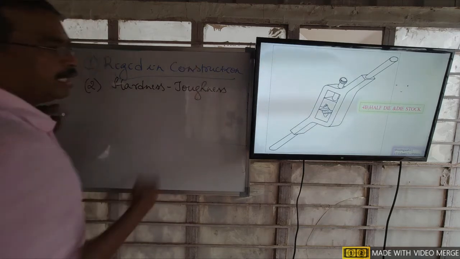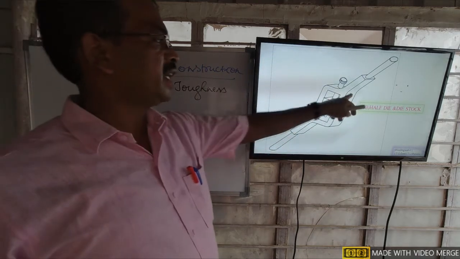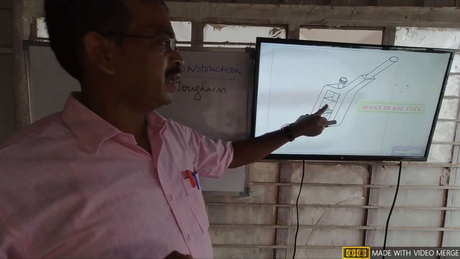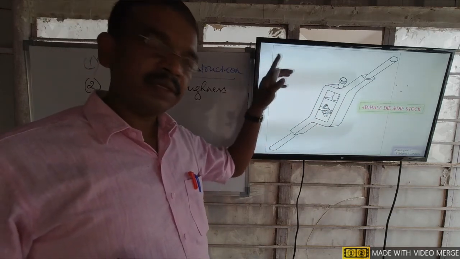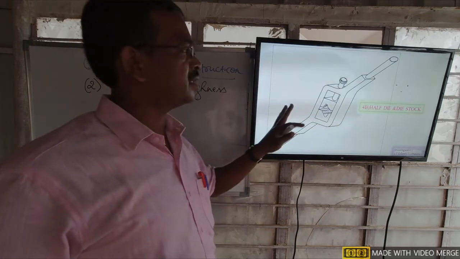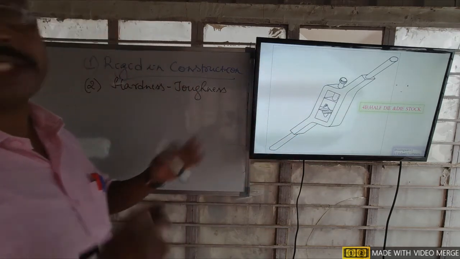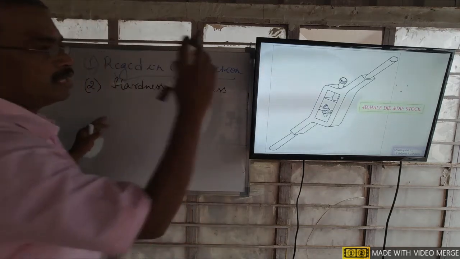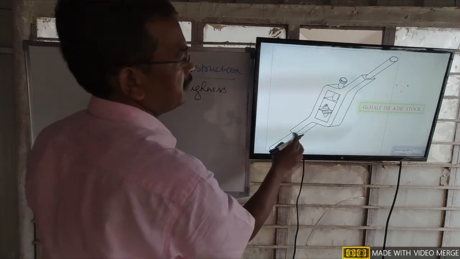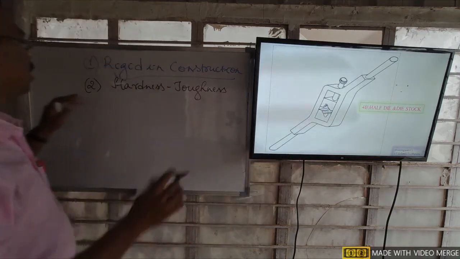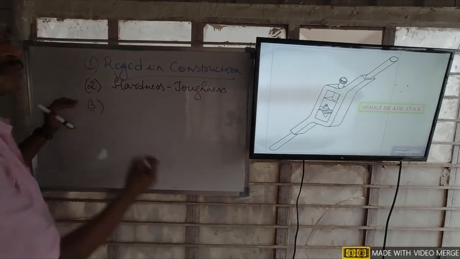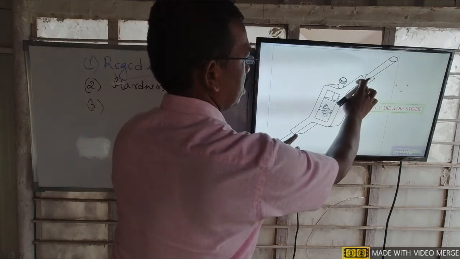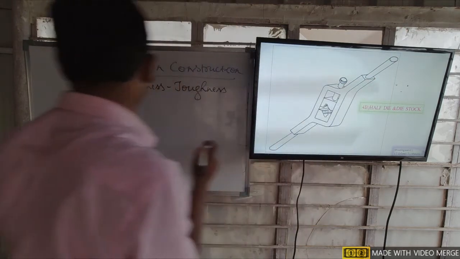Okay, and then the die stock, it is a special die designed to hold this die. All the die stocks are special because there is no interchangeability among the die stocks also. This die stock has two handles fixed to this housing and one screw is there.